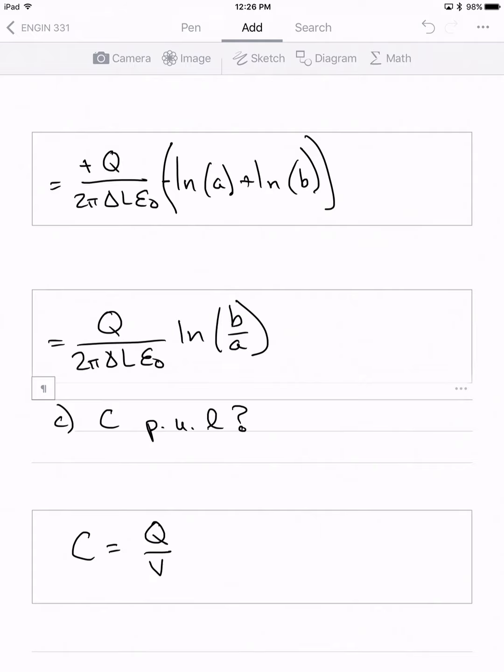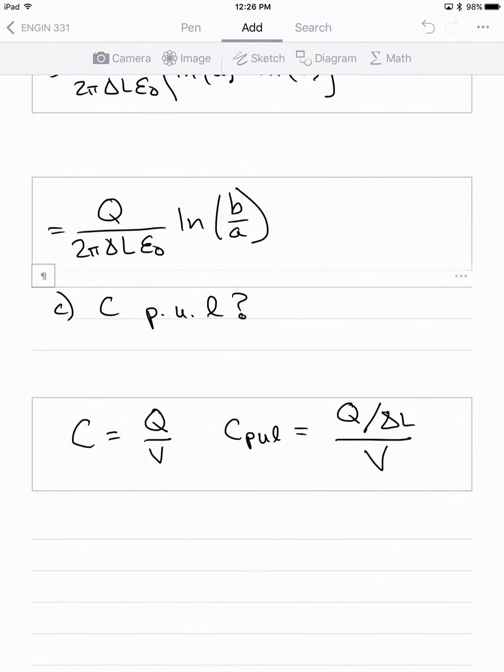Per unit length capacitance, C per unit length, is equal to Q over delta L divided by V. Because we have to do capacitance per unit length, so it's going to be a charge per unit length also.